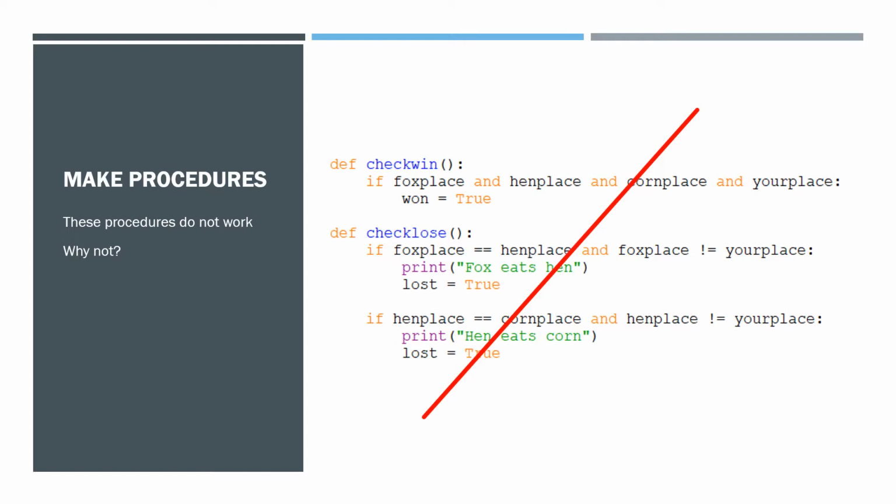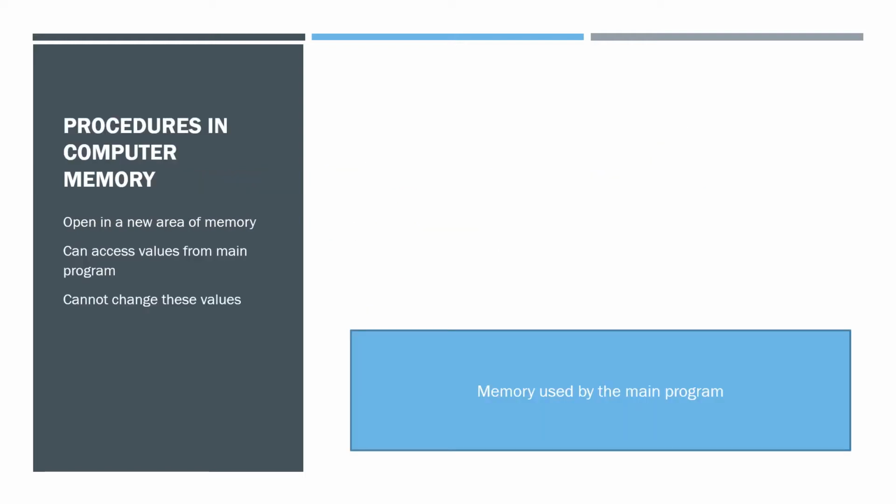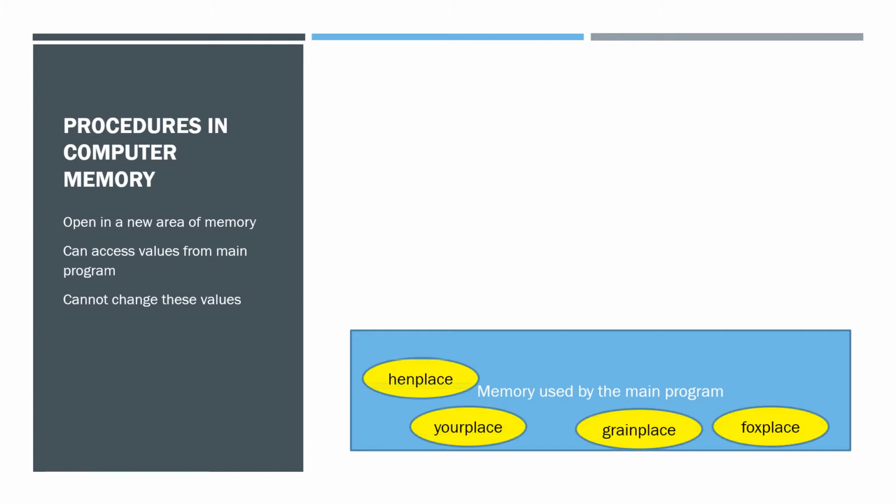So why not? To understand that, we're going to have to look at the memory of the computer. When you run a computer program, the computer allocates an area of memory for all the work of the program. All the variables used in the program have their own area of memory inside the main program's memory area.